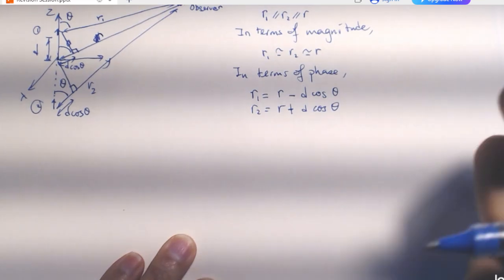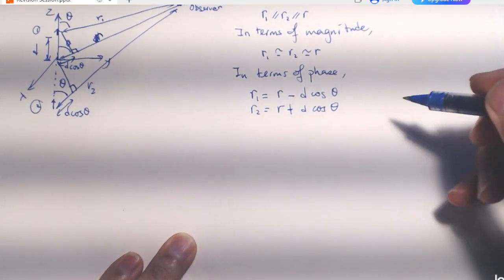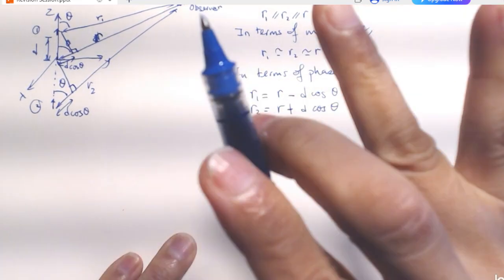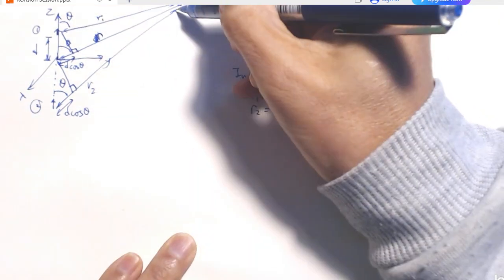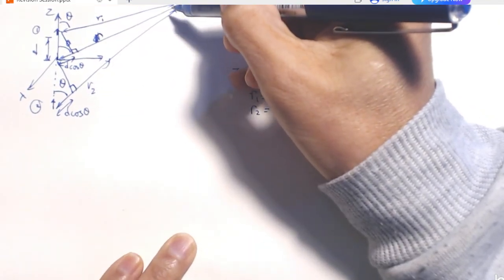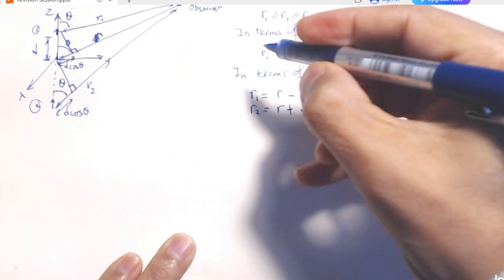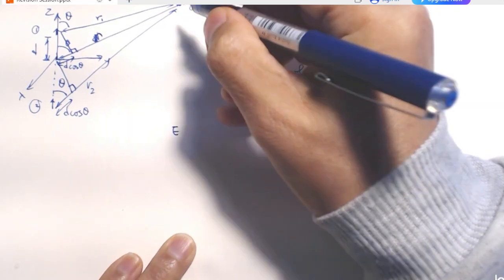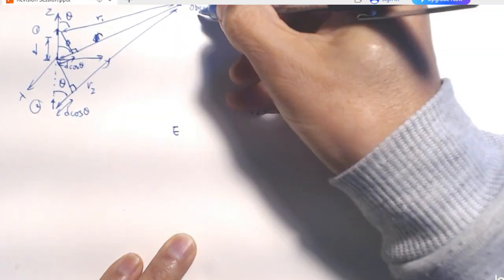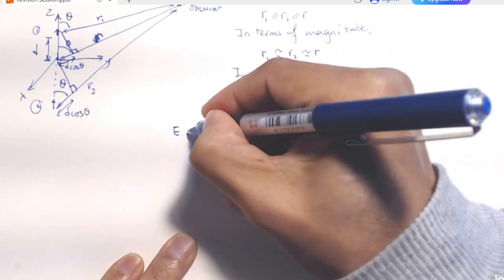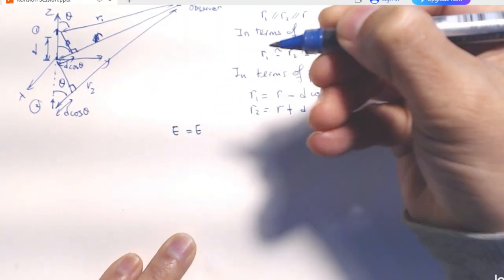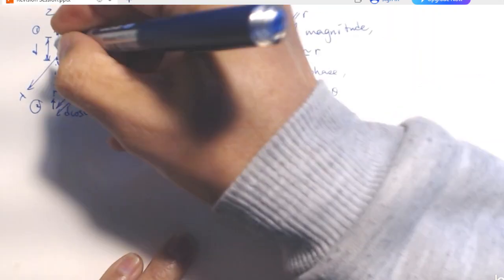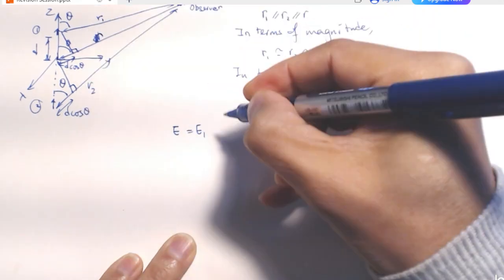So the next thing that we are going to do is to work out the total electric field as detected by the observer. The total electric field as observed in the destination is the combination of two electric fields, one from antenna 1, the other from antenna 2.